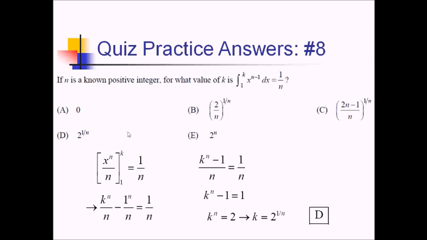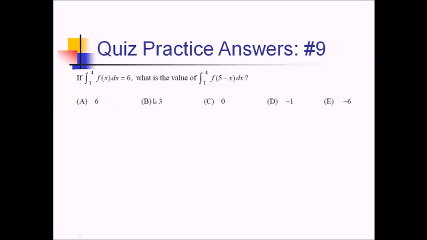For this problem, we have the integral of some unknown function from 1 to 4 is 6. Based off of that, we want the value of some other integral from 1 to 4 of that weird function with a 5 minus x in it. Okay, so how do we get started on this? I find that when in doubt, I'm just going to actually evaluate these integrals and see what I end up with.